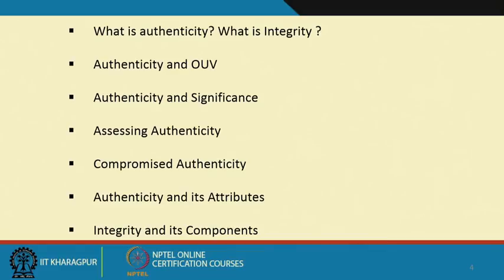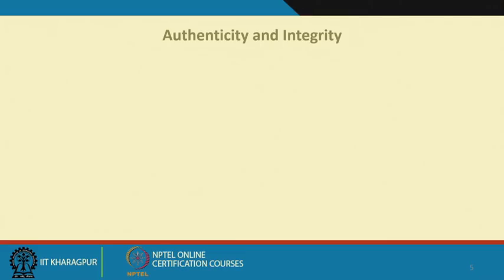It is not so easy, but with various examples we can try to explain the concepts of authenticity and integrity, because it is important not only for World Heritage Sites but for any heritage resource we talk about. So, let us talk first about authenticity and integrity.